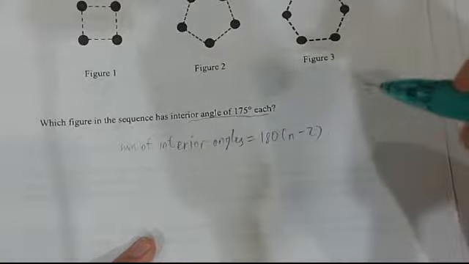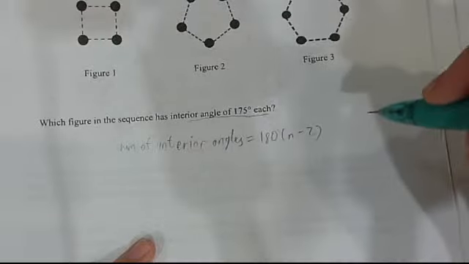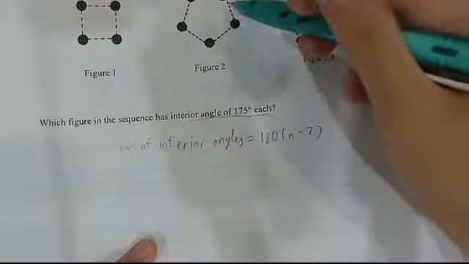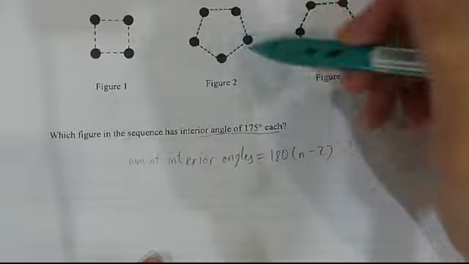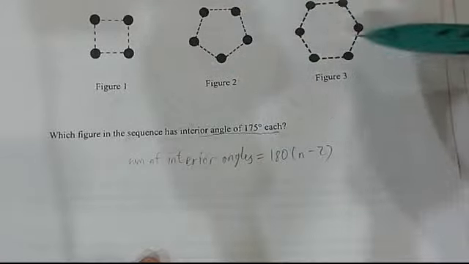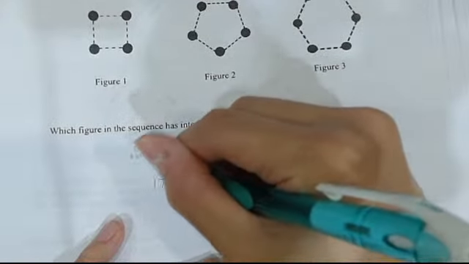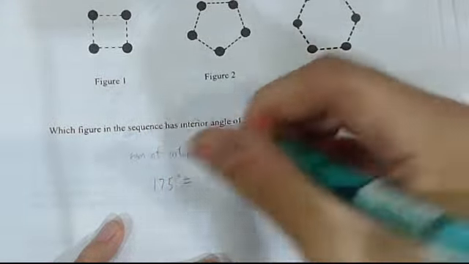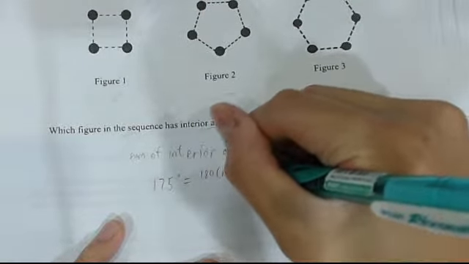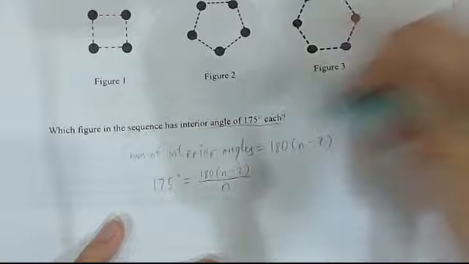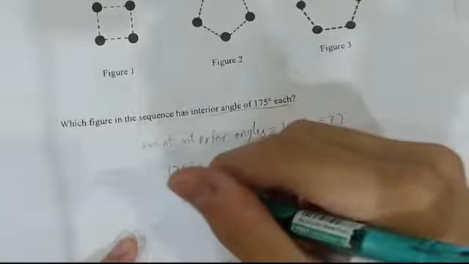To get each interior angle's value, you just divide by n, because there are n angles in the shape. Pentagon, 5 sides, has 5 interior angles. Hexagon has 6 with 6 sides. So 175 degrees is 180 times n minus 2, divided by n.